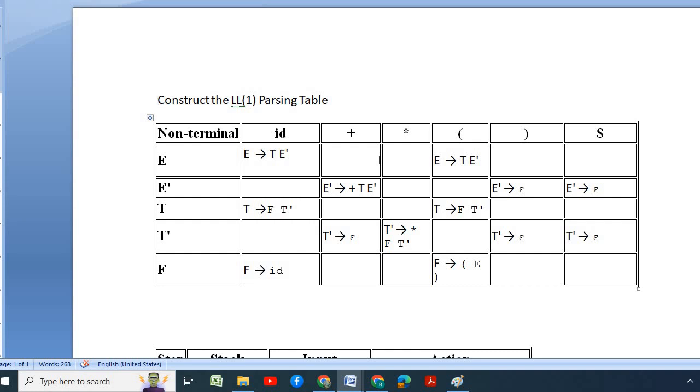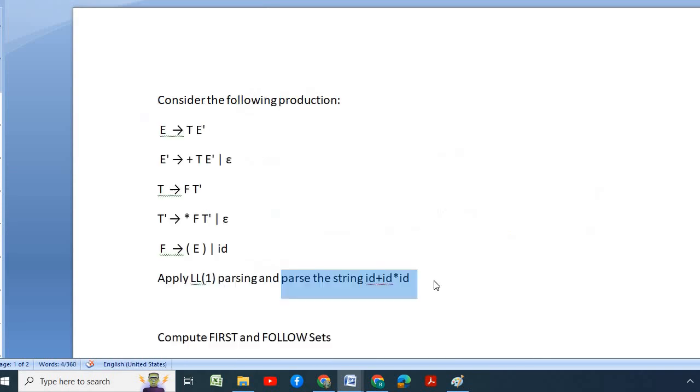Now let us parse the given string. The string we have to parse is ID plus ID star ID. Let us discuss how to parse.